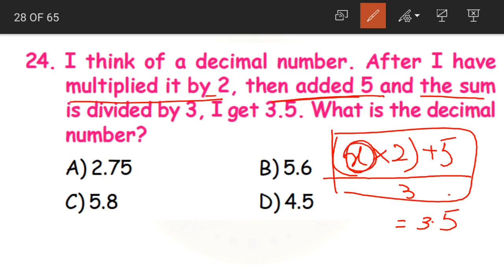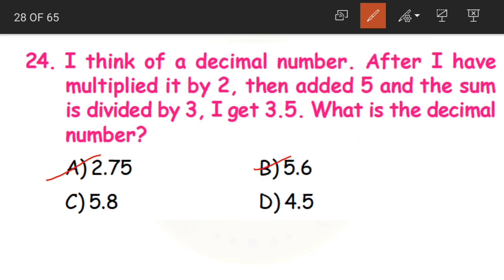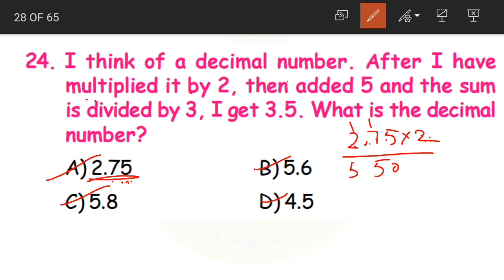Now there are two ways to solve this question. First one is, take each option and check which one fits this. Say option A, 2.75. First multiply it by 2. When we multiply it by 2, what will we get, children? 2 5s are 10, 1 carried, 2 7s are 14 plus 1 is 15, 2 2s are 4 plus 1 is 5.